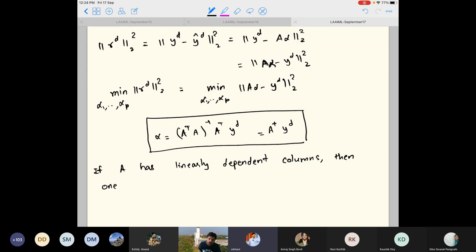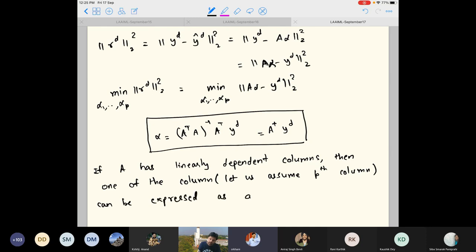It means that one of the columns, so let us assume the last one, without loss of generality, can be expressed as a linear combination of the remaining columns.